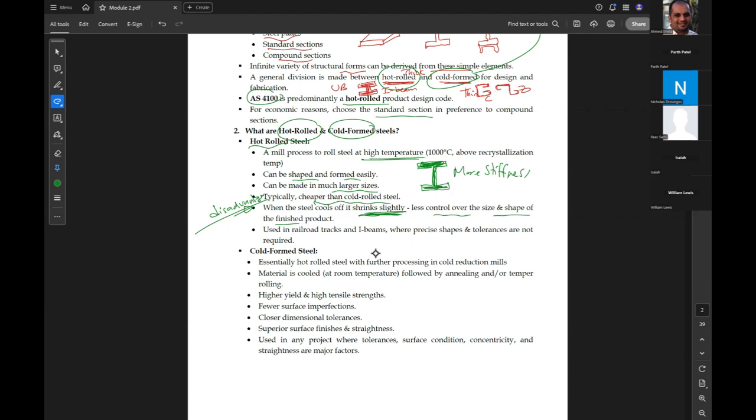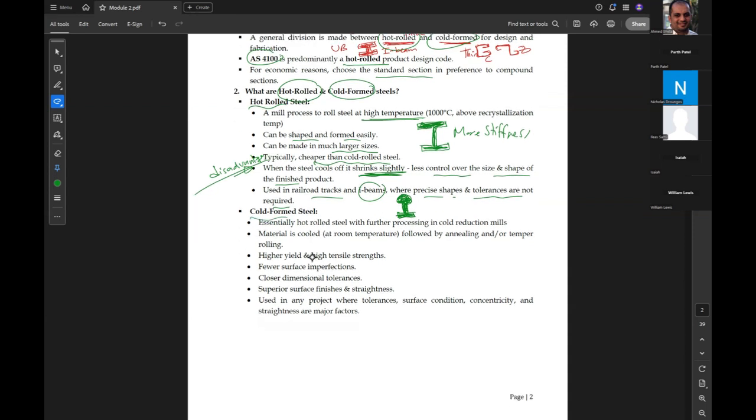The hot rolled steel is also used in railroad tracks like I-beam, where precise shapes and tolerance are not required. So one of the shapes of the rail tracks is something like this. So it is from hot rolled steel.